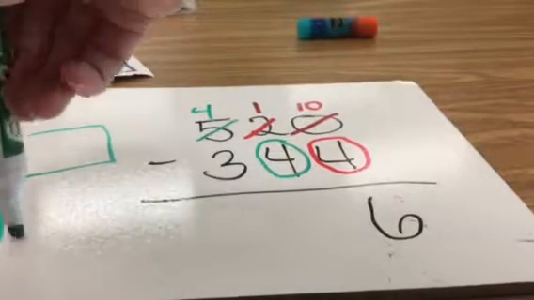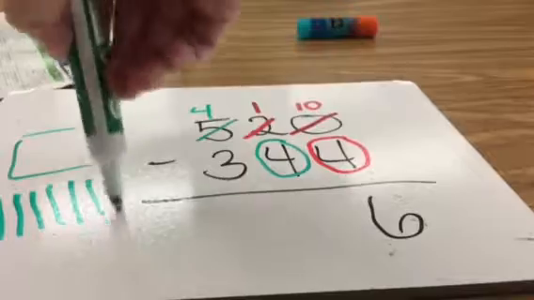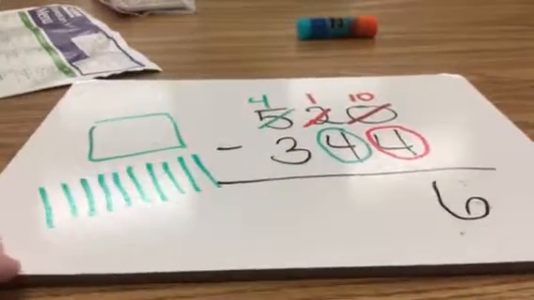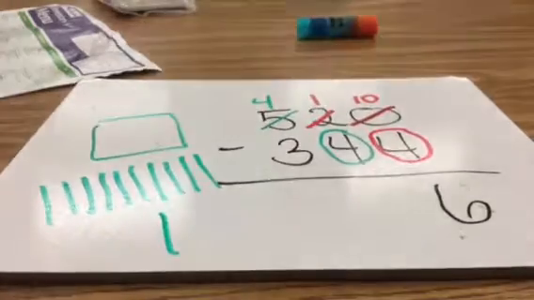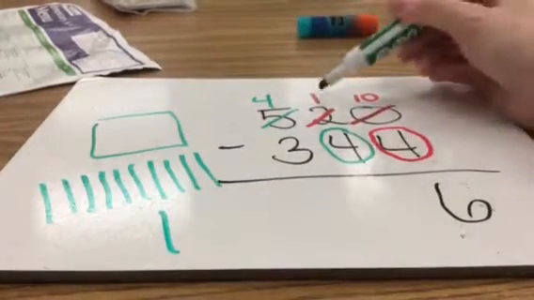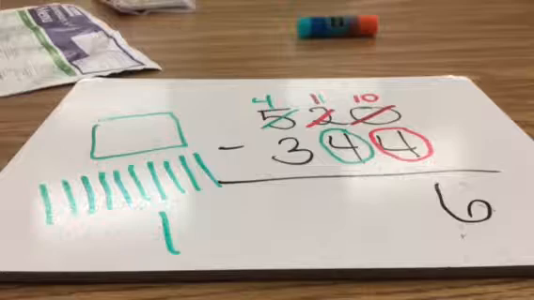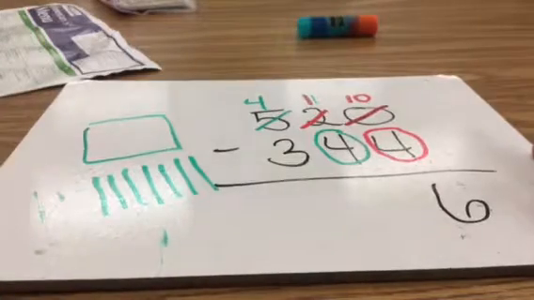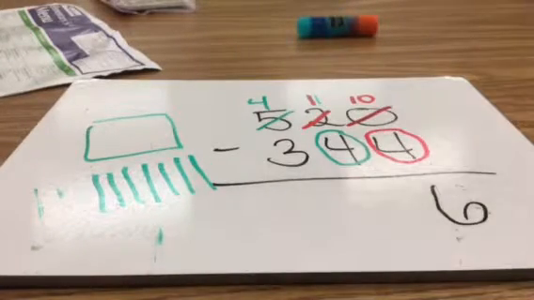Now I'm getting 10 more. I got 10 more, but I already had 1, so now I have 11. And I can do 11 take away 4, 1, 2, 3, 4, and that's going to leave me with 7.